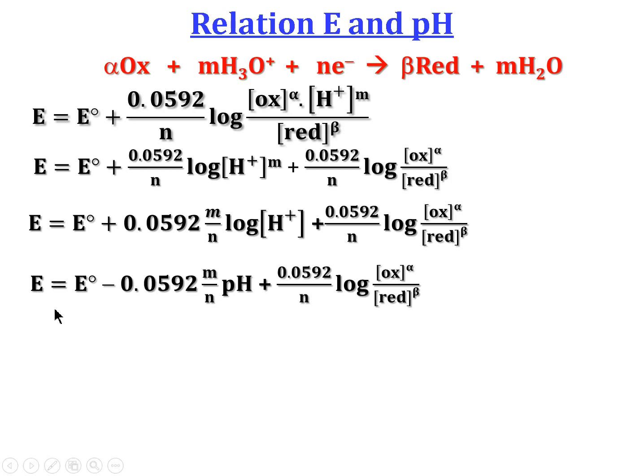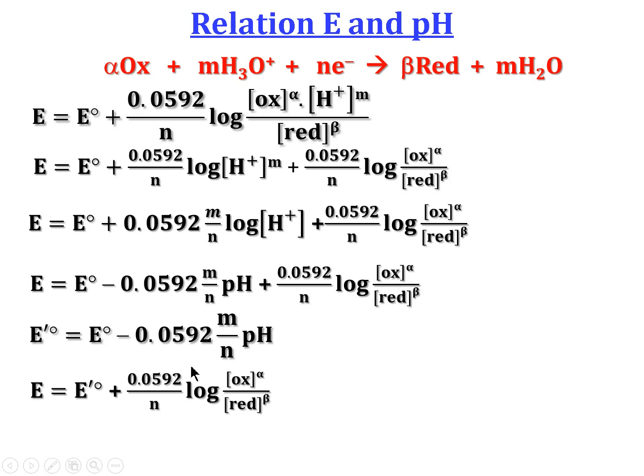So E equals E prime 0, which is equal to E0 minus 0.0592 m over n pH, and therefore the expression is like the Nernst equation: E equals E prime 0 plus 0.0592 divided by n log ox to the power alpha divided by the red to the power beta.